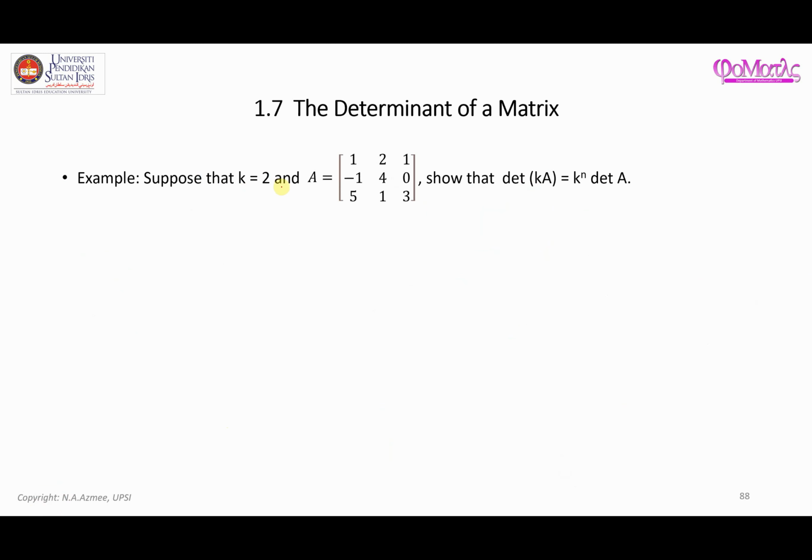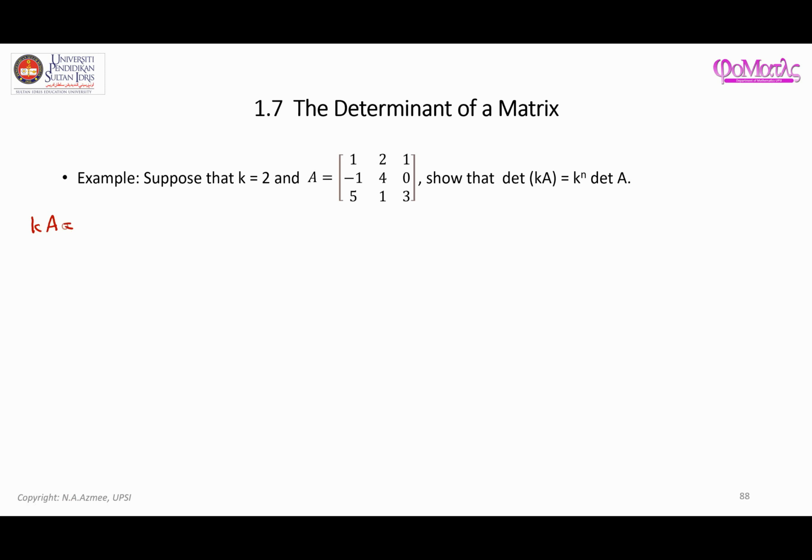Suppose that K is equal to 2, A is a 3 by 3 matrix given as such, and you are asked to show that determinant of KA is the same thing as doing this process, which is taking out K first and considering the exponent n, and then you multiply it with determinant of A. So let's start off with finding this one first, KA, okay?